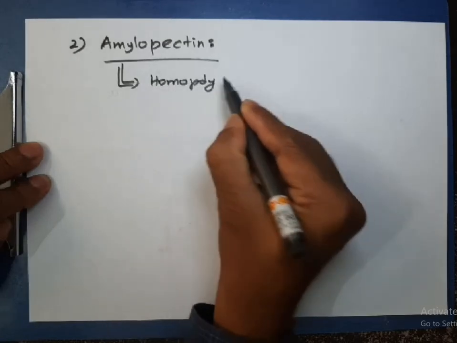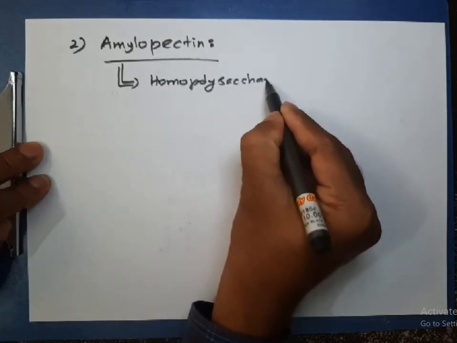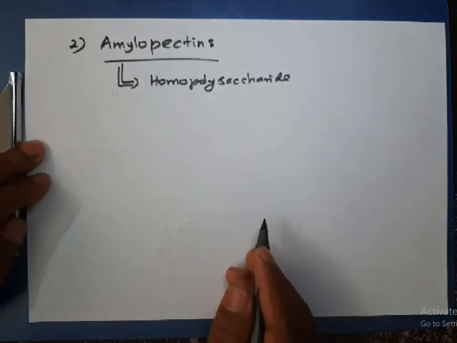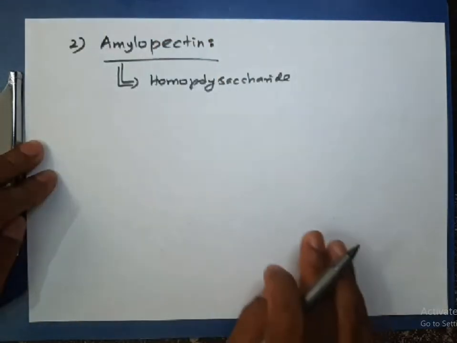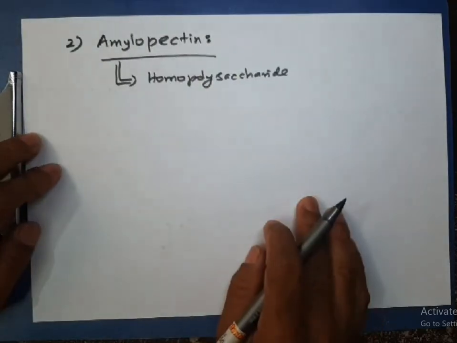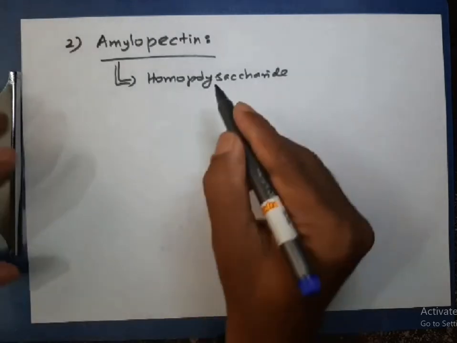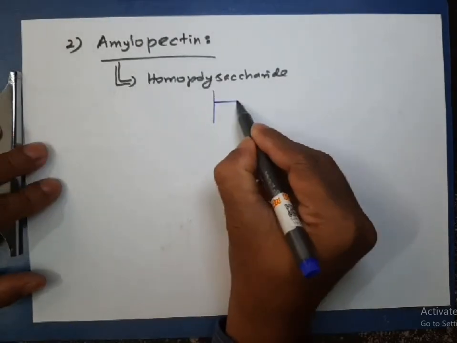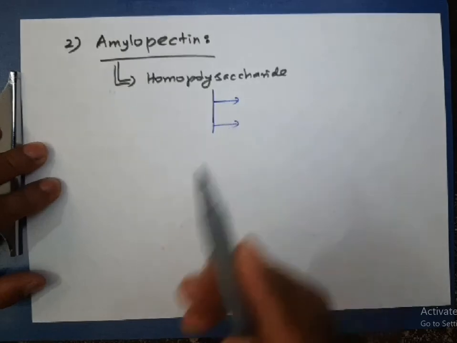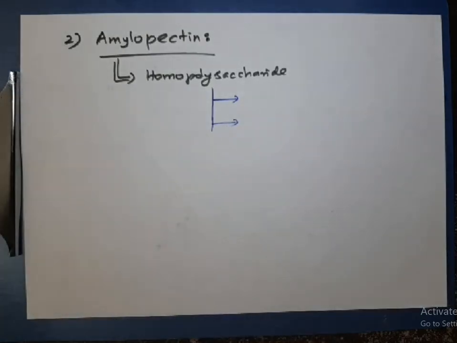This is also a homopolysaccharide. This is present in starch. And in amylopectin we have two types of connections between glucose units. Two types of connections. What are they?